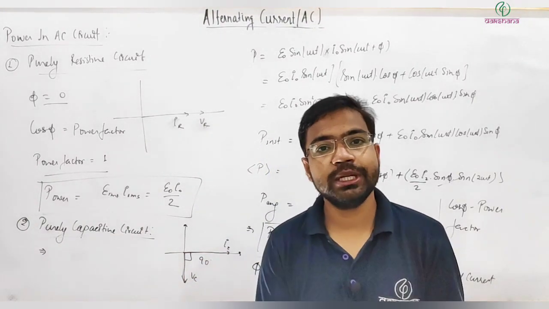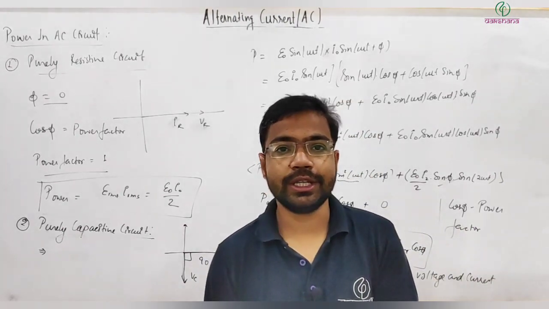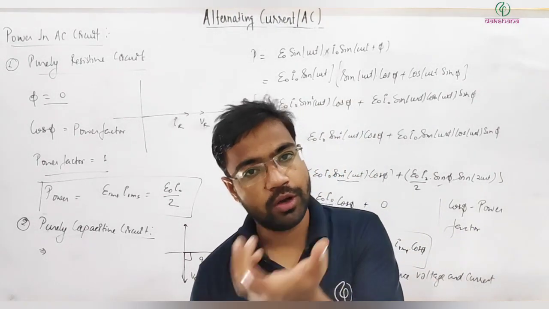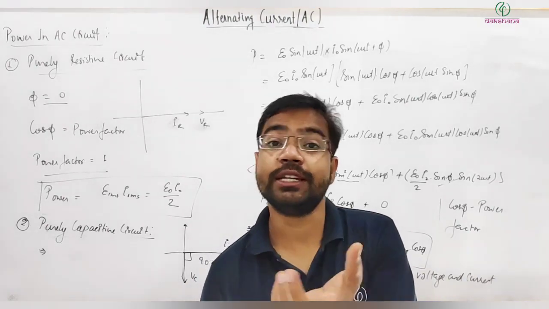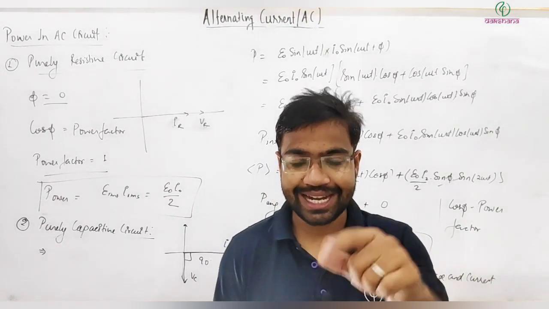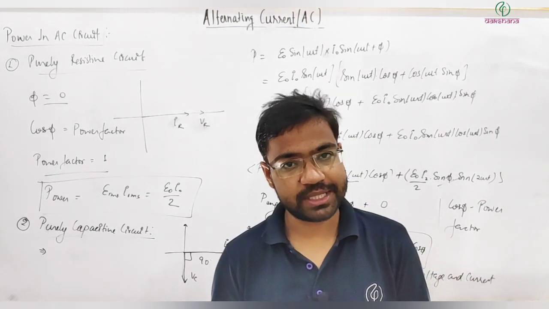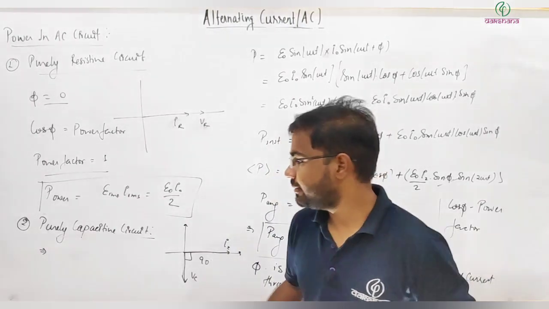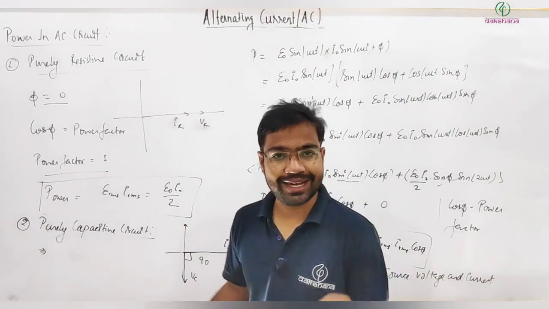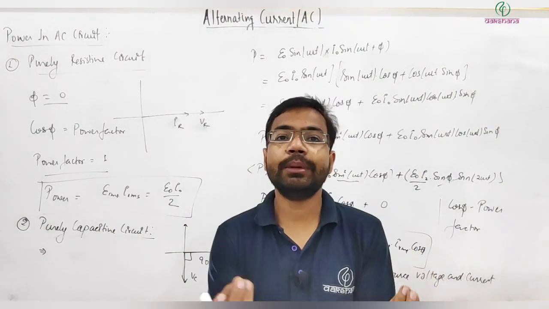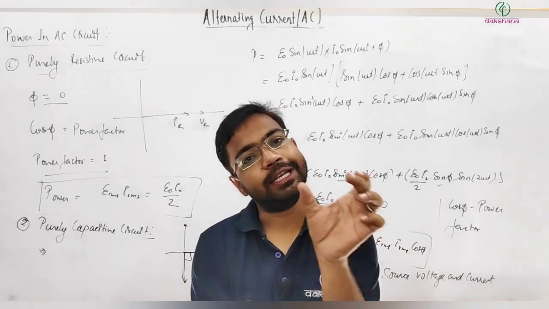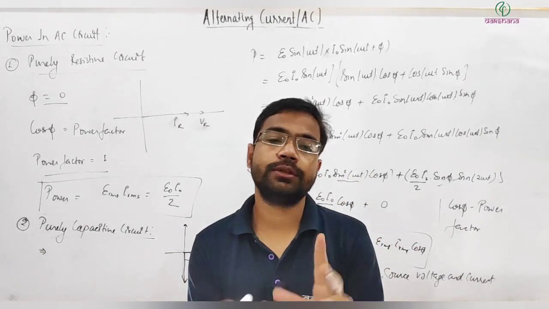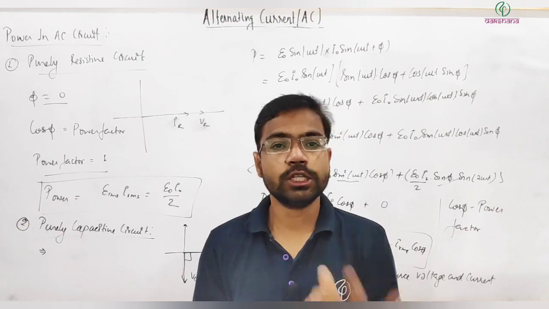Then I will use the potential difference across the capacitor multiplied with the current passing through it. That will be the power consumed in the capacitor. It is nothing wrong; if I derive the result, I will get exactly the same thing. Whatever the element is, the potential drop across it multiplied by the current flowing through it will give you the power.